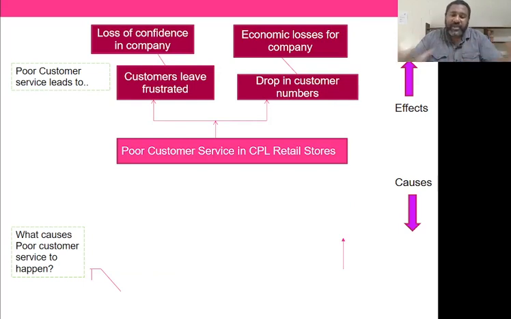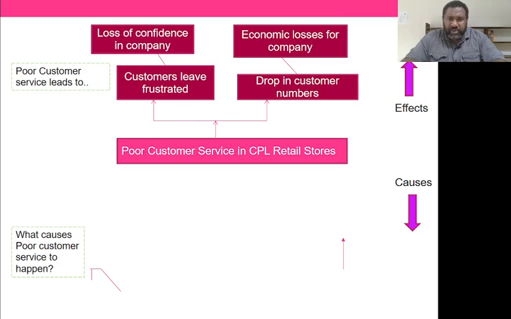The public might have a loss of confidence in how the CPL operates. And if there is a drop in customer numbers, of course, when customers drop, there's an economic loss. The CPL doesn't make money. So that's an effect of what the problem is.